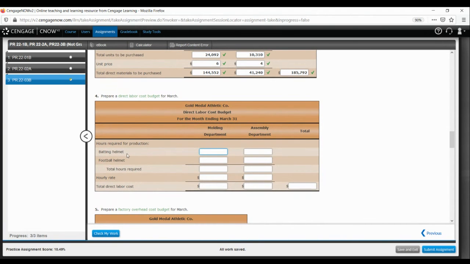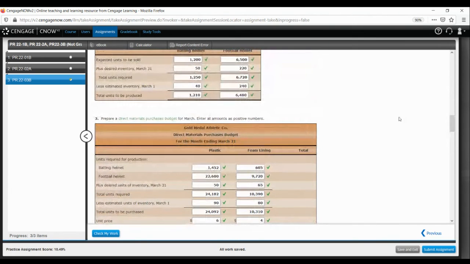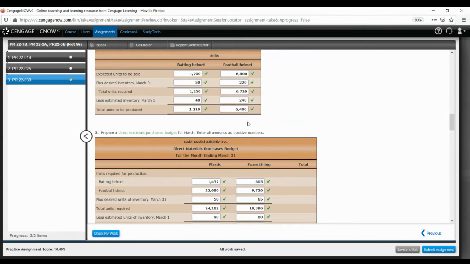So again, we're going to start with our batting helmets. The number of units that you have to produce of batting helmets is 1210. That comes from our production budget.